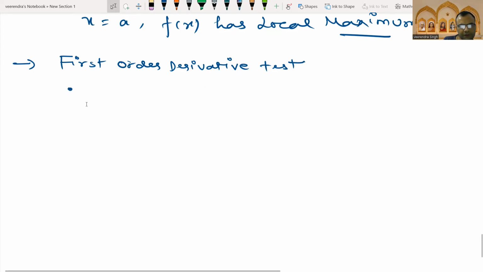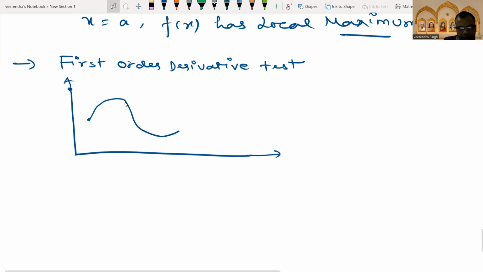Suppose we have a function f of x whose graph is like this. Here we have a point A, here a point A minus h, and here a point A plus h.